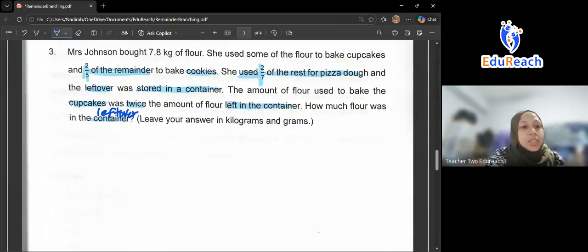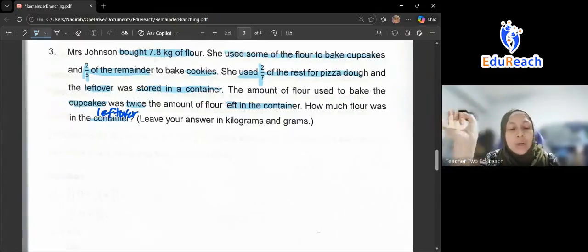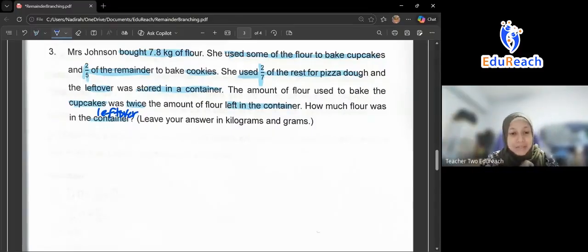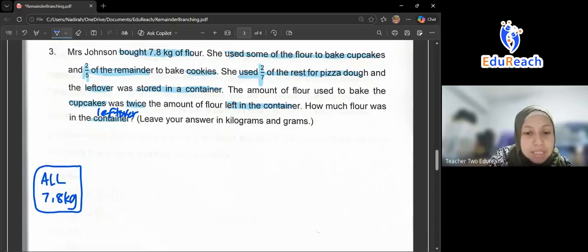Okay, so we start from the first sentence. She bought 7.8 kilograms of flour and she used some to bake cupcakes. So they never tell you what fraction or how many kilograms. They just say she used some, right? Okay, let's do the branching method first. All right, so let's practice. This is all the flour that she has, which is 7.8 kilograms. And out of this 7.8, first, she used some to bake cupcakes.